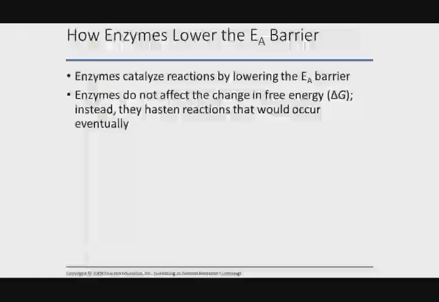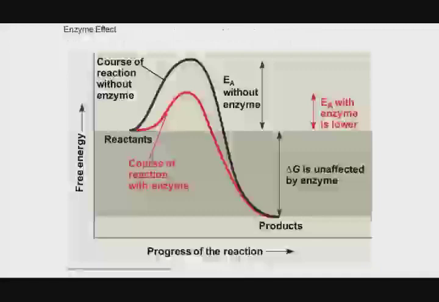So enzymes work by lowering that activation energy. We're not going to change the amount of energy from the start and end of the reaction. The energy of the system is the same. The delta G doesn't change. But we're going to lower the activation energy. So you can see here comparing the black line to the red line, the reactants and the products are at the same free energy.